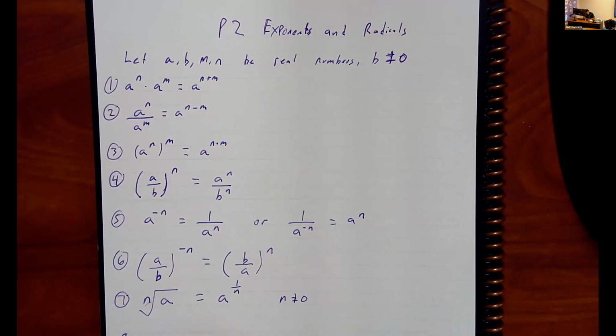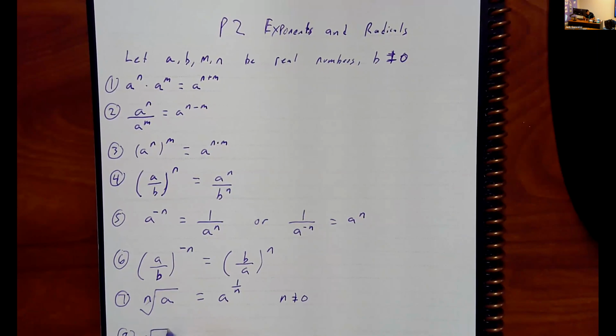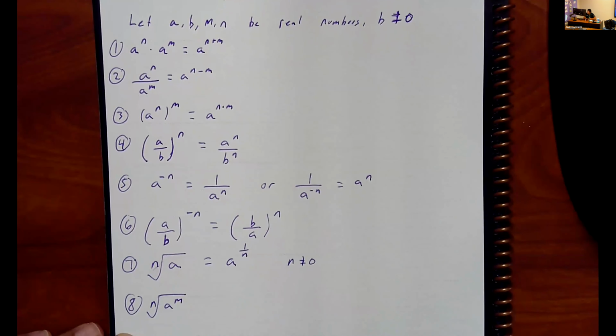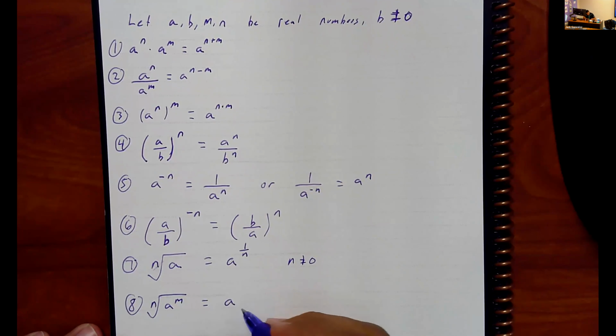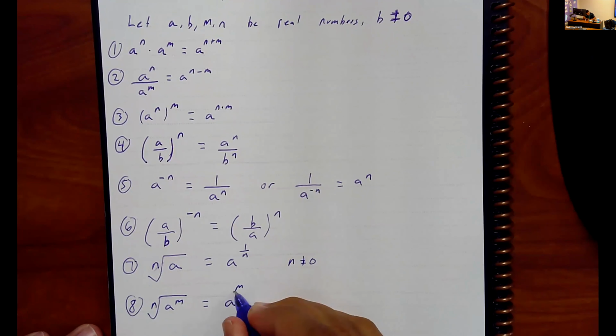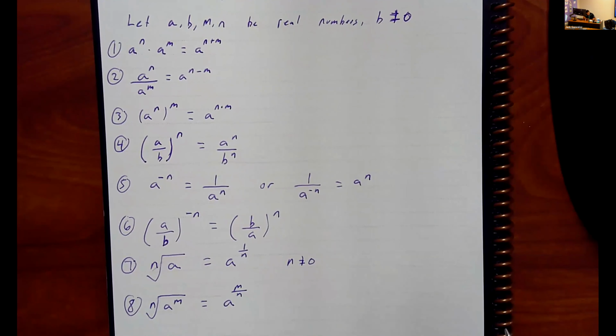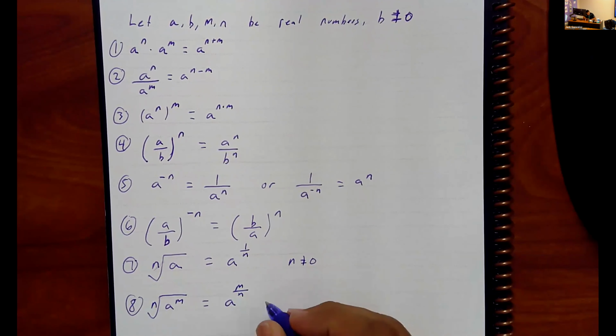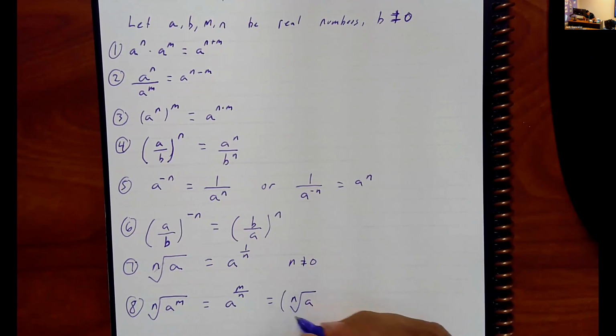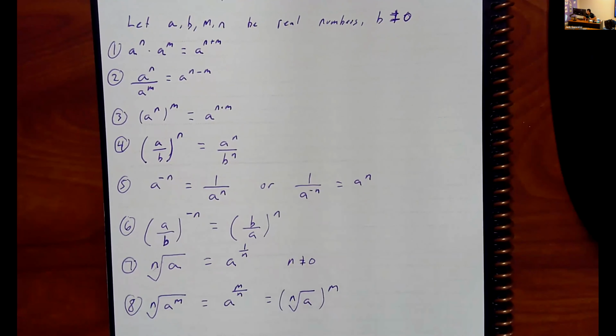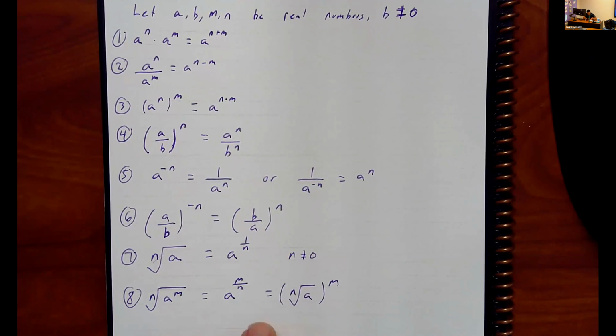Number 8, if you have a power inside here, then you can write this as a to the m over n if you want. You can also write it as the nth root of a and then put the m out here. These are all equal. Sometimes it helps to shift however you want. It just depends what you're doing.